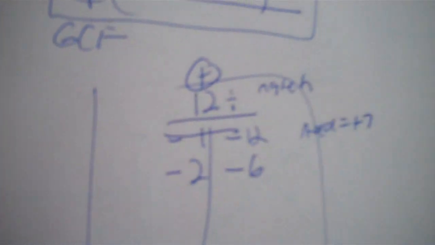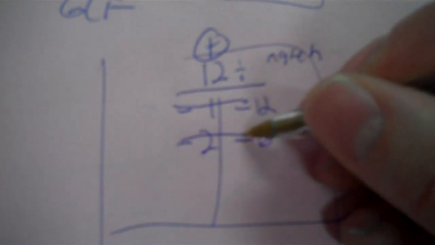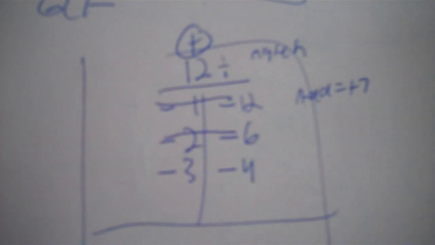That match has to add to positive 7. So 1 and 12, that's 13. 2 and 6, it's 8. 12 divided by 3 is 4. There's your 7, so you make them plus and plus, okay? Because you have to get positive 7.